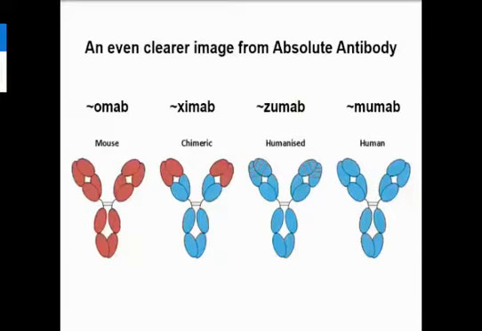The humanized just have the complementarity determining regions from the mouse that bind antigen, the rest is human, and finally a fully human. And these are made by genetic engineering, and Absolute Antibody happens to be a company near Oxford that will do a lot of this for you, so you can give them an antibody that you've made in mouse, and they will humanize it for you at a cost, of course.